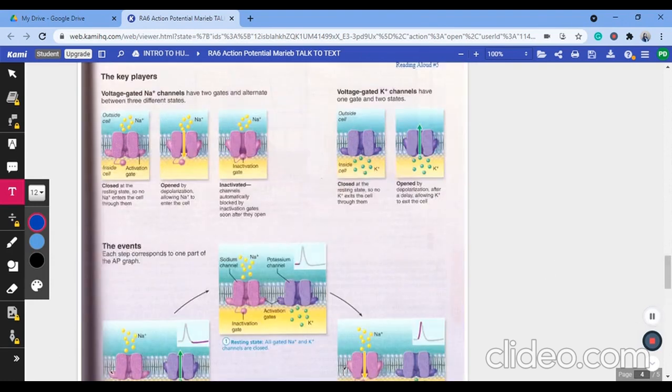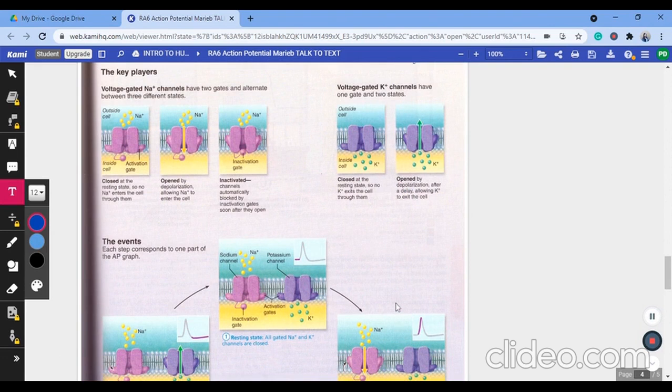So these are just a repeat of the review that I did of the different steps of the action potential earlier. But before I move on, I want to put a label on these images right here, so I'm not confused as to what they represent.